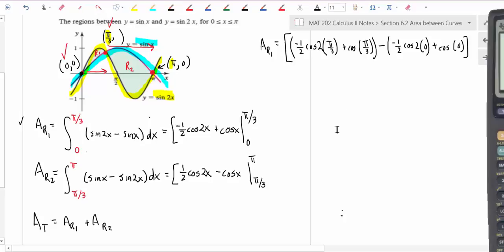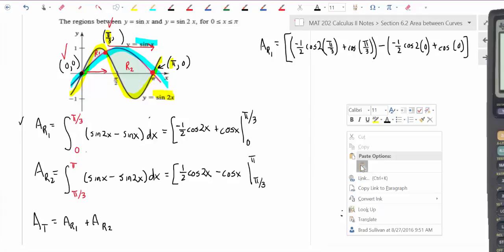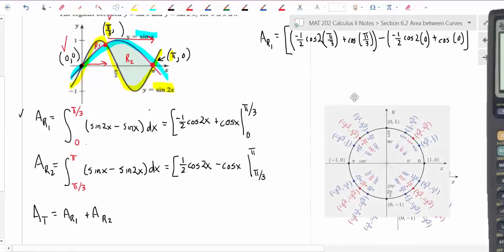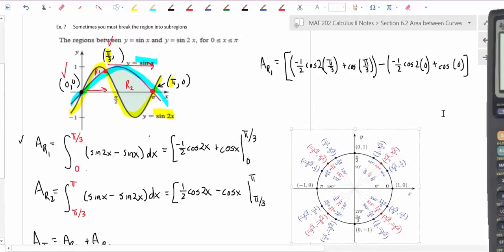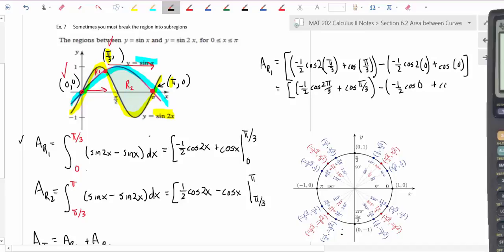I'm going to magically make a unit circle appear so you can refer to this. What we're going to have is negative 1/2 cosine of 2 pi over 3 plus cosine of pi over 3, and then minus negative 1/2 cosine of 0 plus cosine of 0. Let's evaluate this.